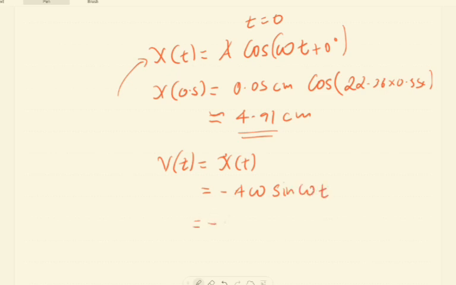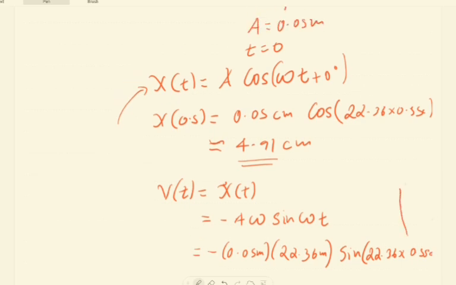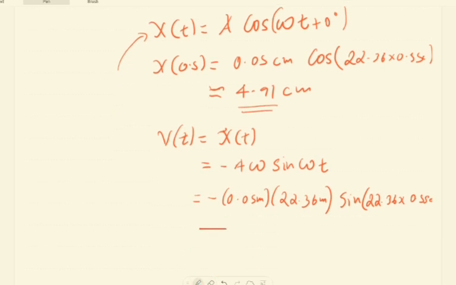This is minus 0.05 meter times the angular frequency 22.36 times sine of 22.36 times the time 0.5 second, and you would get approximately negative 0.22 meters per second. So here is the velocity at 0.5 second.